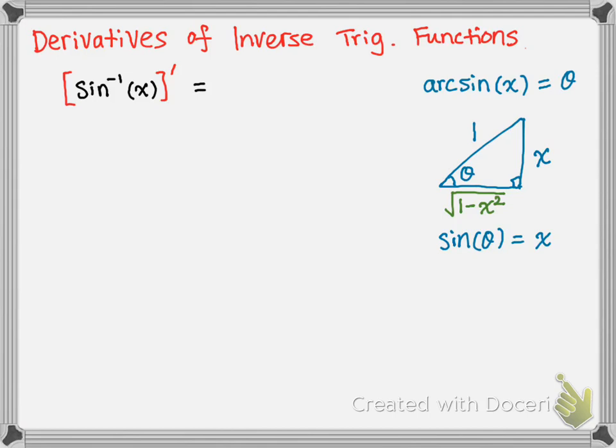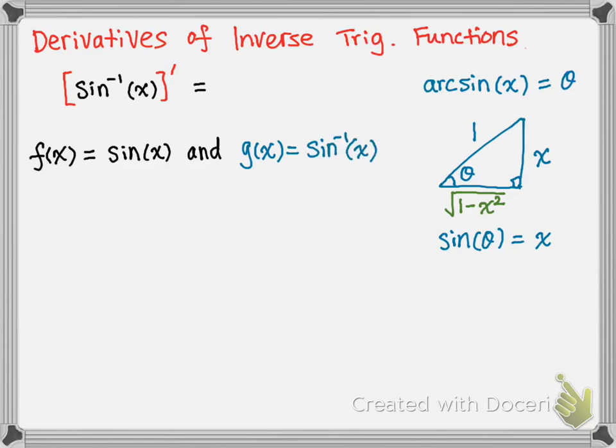It says if f of x, now in this case, is sine of x, and your g of x is the inverse sine function, then according to the formula, g prime of x, so the derivative, is just 1 over f prime evaluated at g of x.